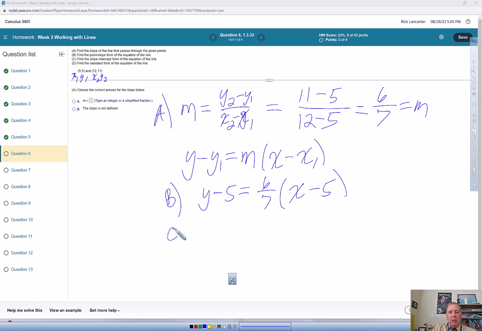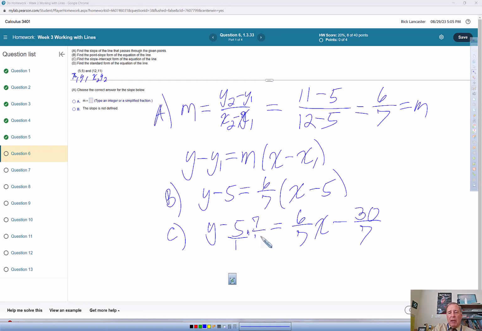So to do that, I'm going to distribute through the 6/7. So y minus 5 equals 6/7 x minus 30/7. And here I can think of this as the fraction 5 over 1, and I need to get sevenths.